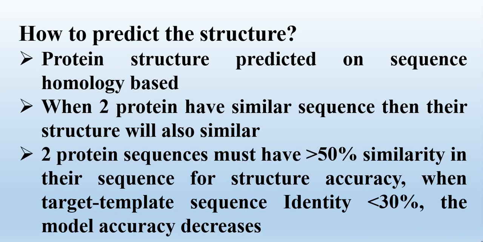And third, the template protein and the target protein must have greater than 50% similarity in their sequence for structure accuracy, meaning the covered region. When the sequence identity between our target protein and the template protein, whose structure is already proven experimentally, is less than 30%, then the model accuracy decreases, and we will not take that model.